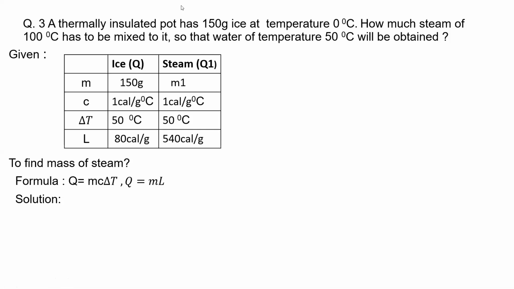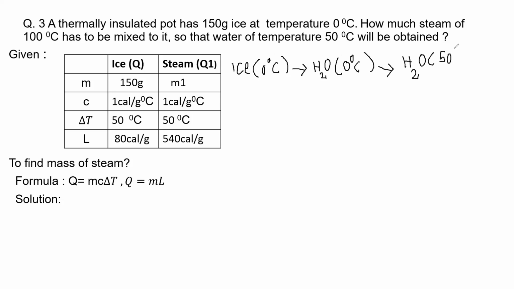We know ice at 0 degrees Celsius will get converted to water at 0 degrees Celsius. Till all the ice gets converted to water, the temperature will remain at 0 degrees Celsius only. After that, the temperature of water will increase and it will become 50 degrees Celsius.